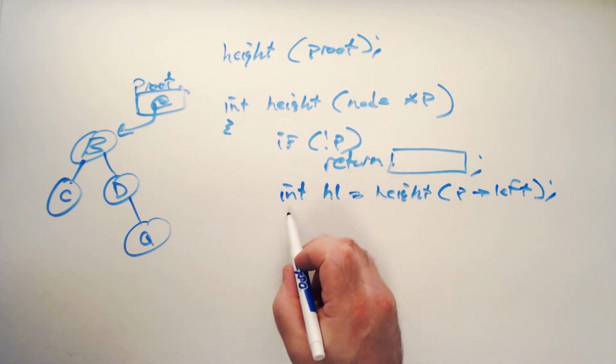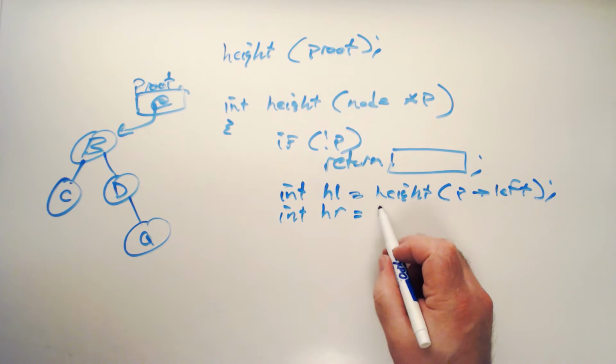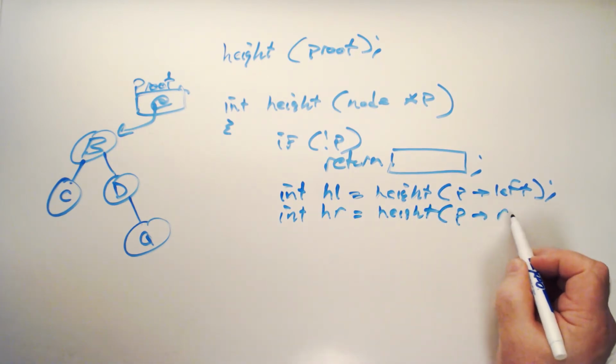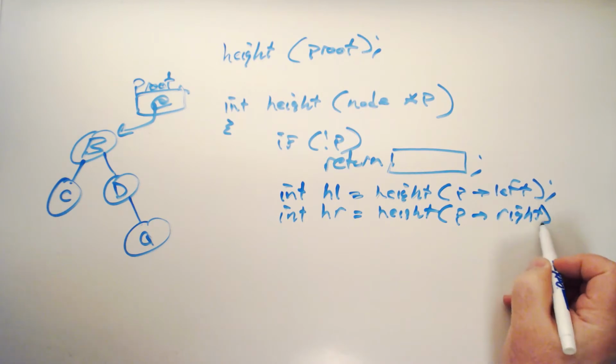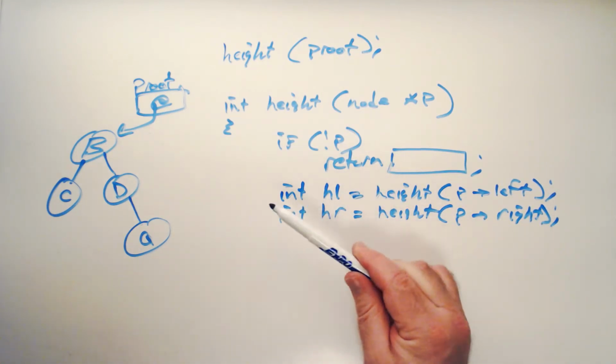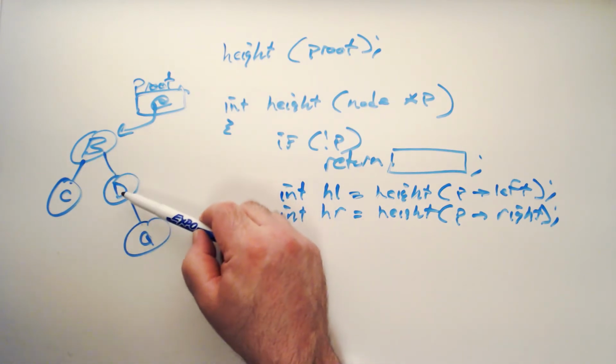It's okay because that's where the base case comes in. And you got int height of the right tree equals height of p right. Now this will tell me, if we do this right, the height of the subtree at C and the height of the subtree at D.